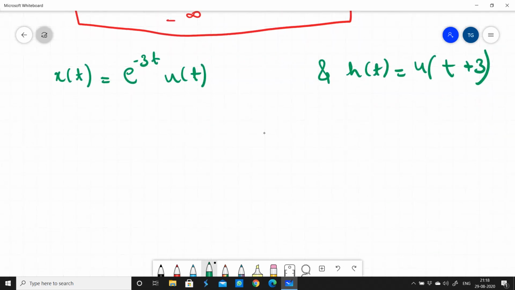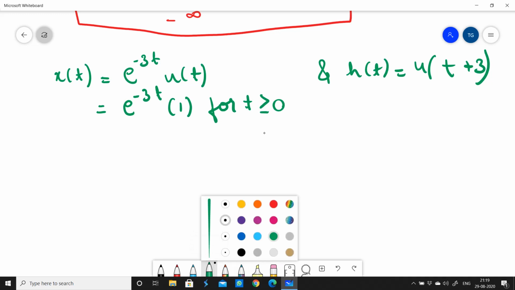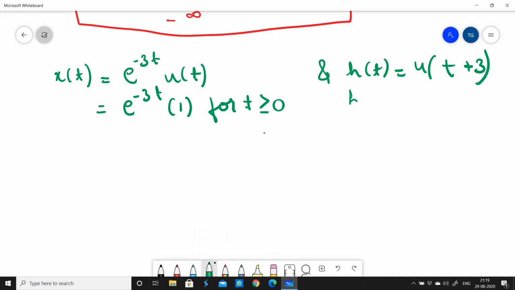So first we should write down what is x of t, can be written as e to the power minus 3t into 1 for t greater than or equal to 0, and this thing can be written as h of t is equal to 1 for t greater than or equal to minus 3. So we got the values.